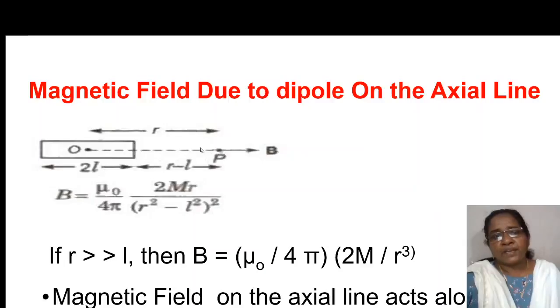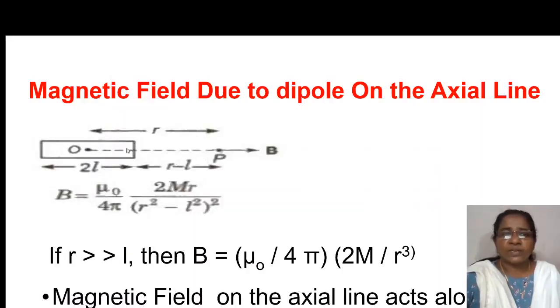There is a point P at a distance r from the center of the dipole. We want to calculate the intensity of magnetic field at this point P. For that, we are placing a unit north pole here.